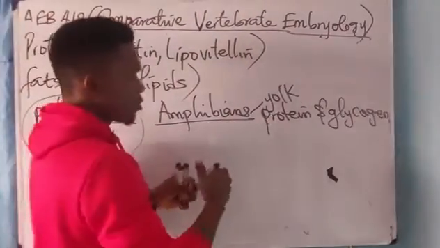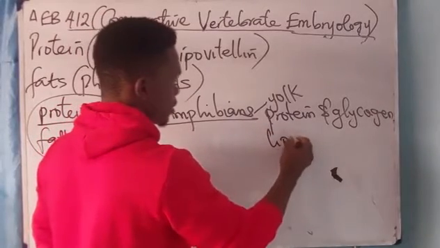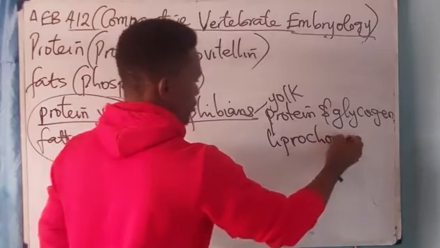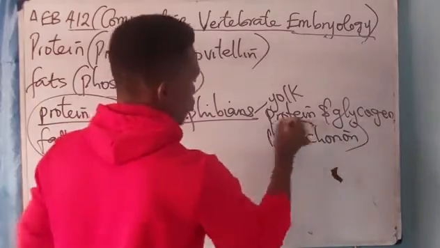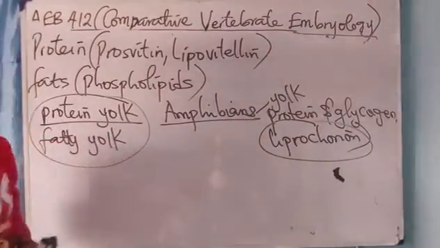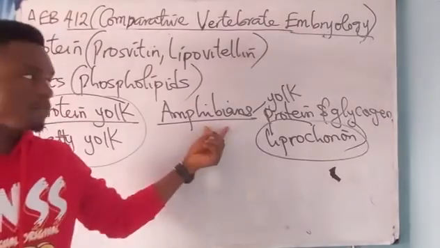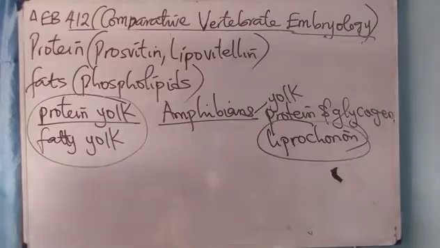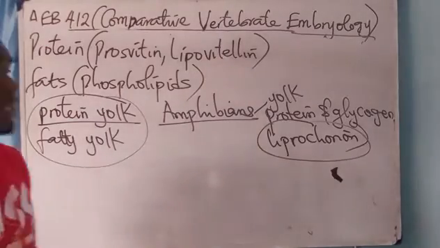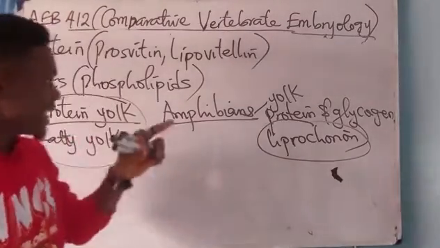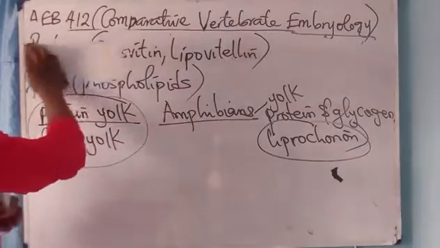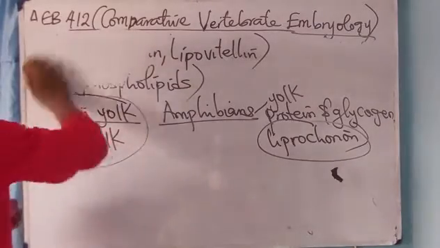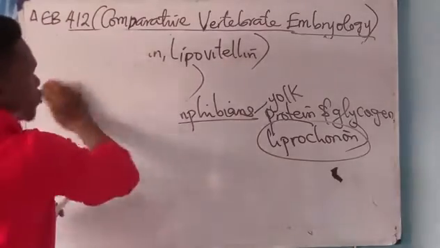This protein occurs as lipochorion. Lipochorion is the type of protein found in the yolk of amphibians. And we have different types of eggs based on the concentration of the yolk present inside of it.